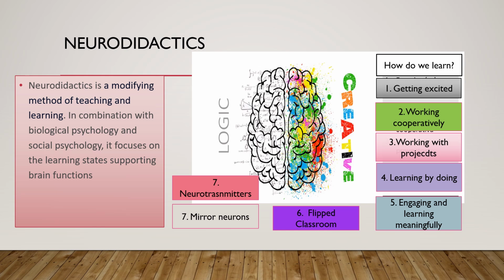To start with, neurodidactics is part of the neurosciences, and it is meant to modify the method of teaching and learning considering how the brain works. How does the brain work?